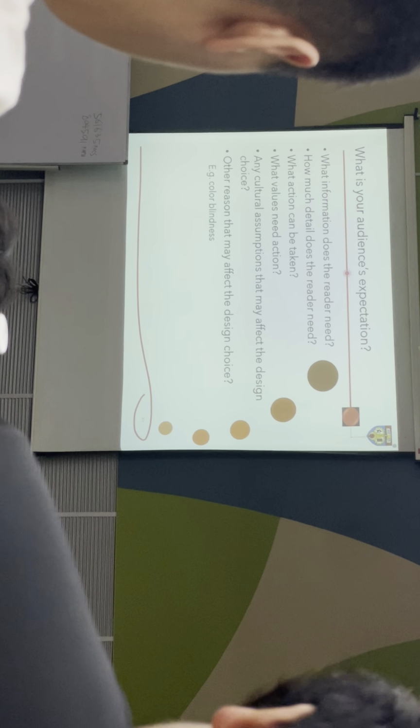Okay, so for example, you need to consider how much detail your reader or your audience requires to understand the data effectively. So for example, in your graph or in your picture or in your chart, you need to avoid unnecessary complexity.